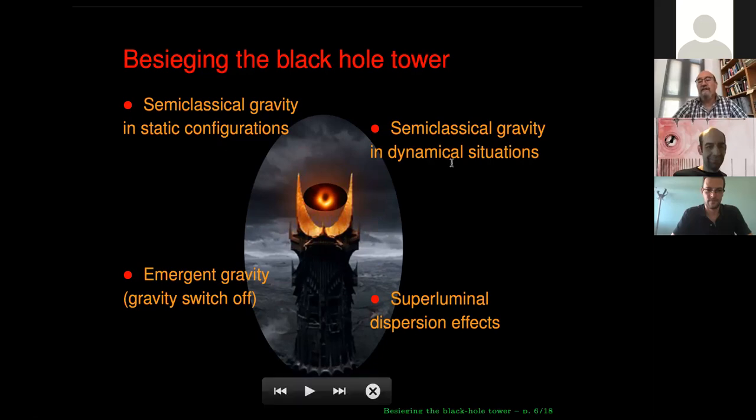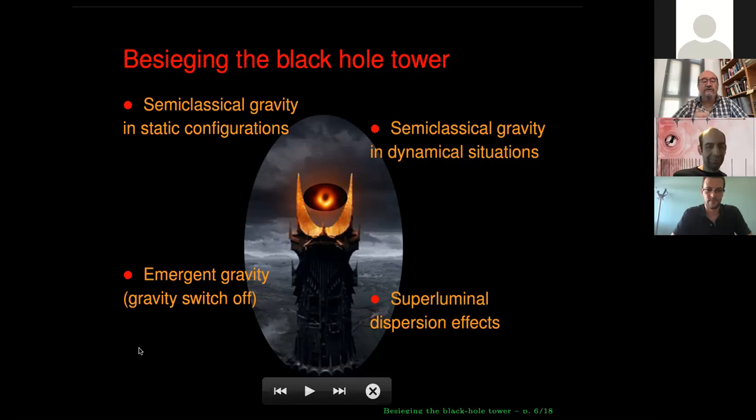But then on the other hand, there are studies in which you analyze dynamical situations. How do semiclassical effects behave in dynamical situations? The two things are quite different in the way in which you approach the problems.